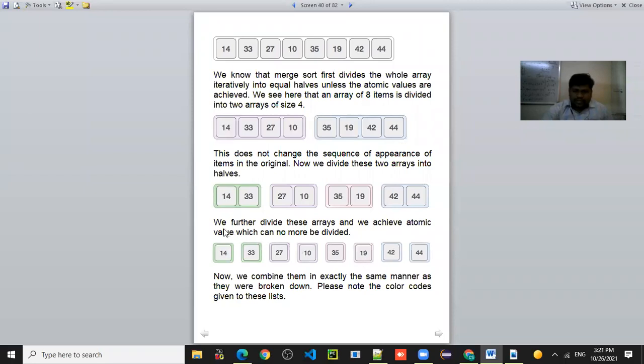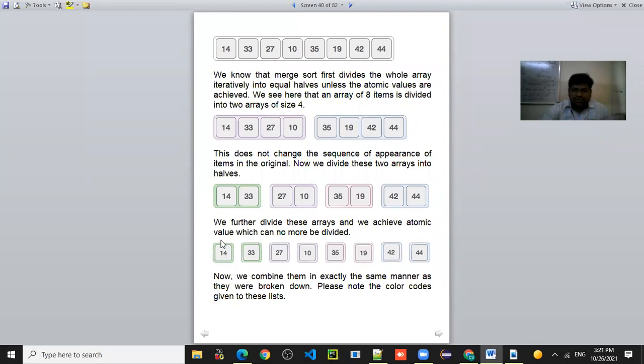Then we continue this division procedure. How many times do we apply it? Once you get a single element, we cannot apply the division any further.